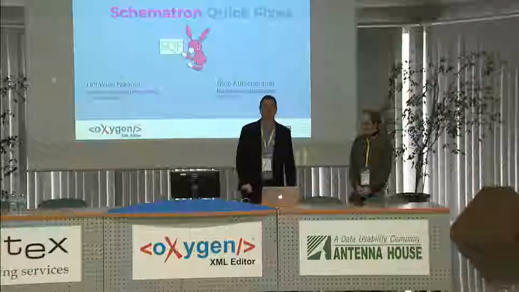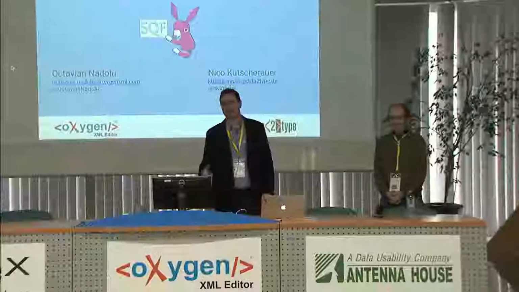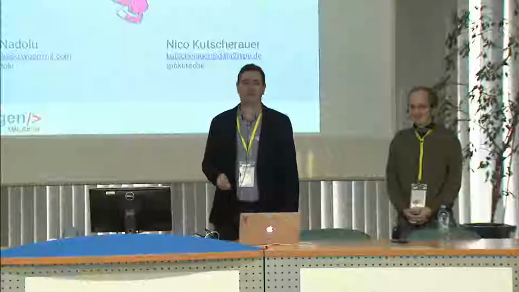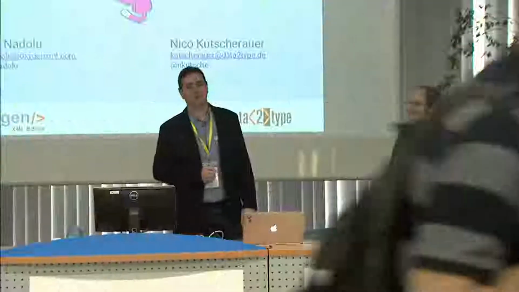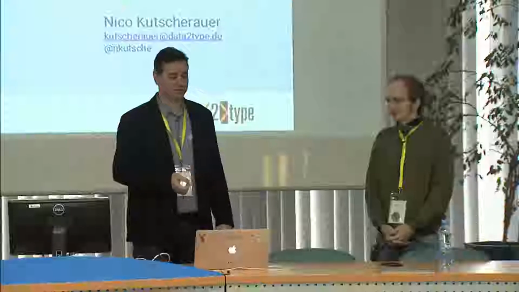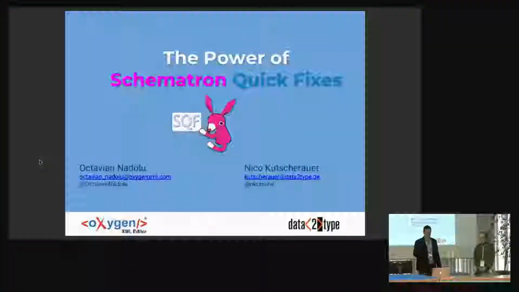So, hello everybody. My name is Octavian Nadolu. I'm working for Syncro, the company that makes Oxygen XML editor. I have here with me Nico Kutscherauer, who is working for Data to Type, and who is also the initiator of this Schematron quick fix language.